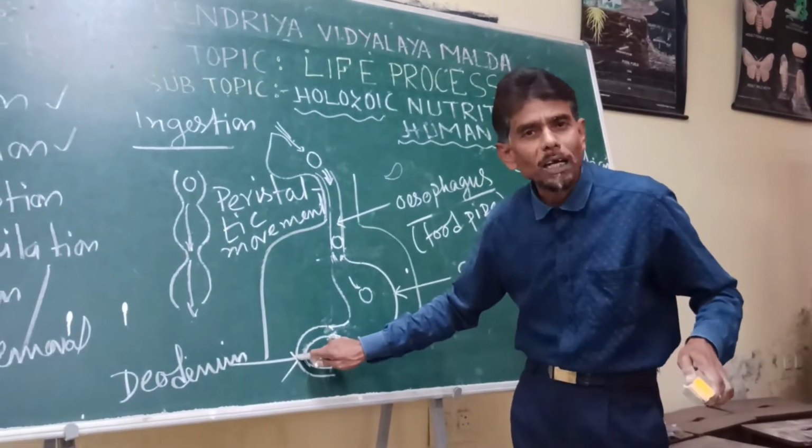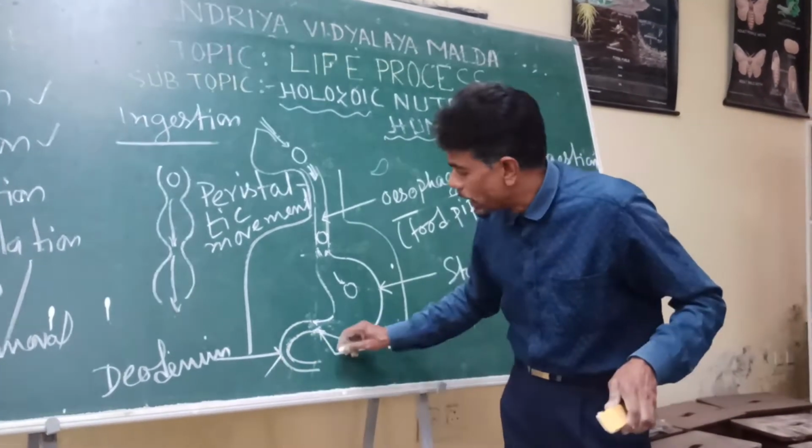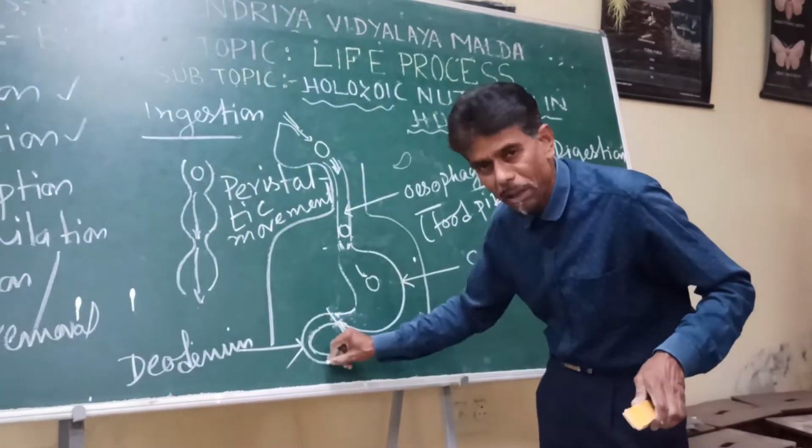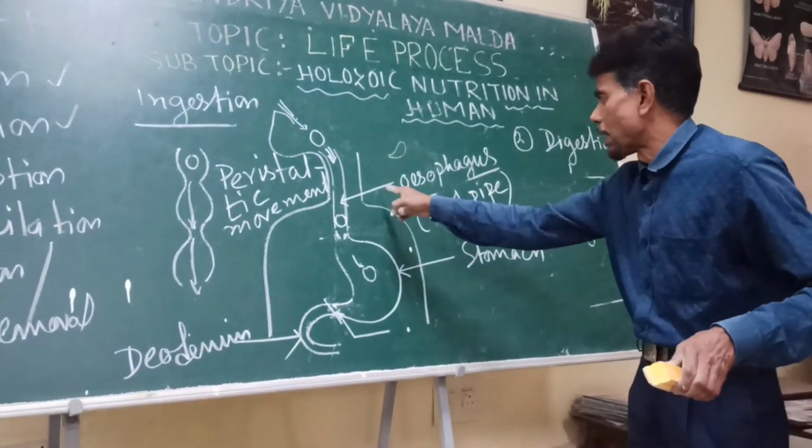The duodenum is the first part of the small intestine. So the small intestine starts from here. The remaining part I will draw after rubbing this part.